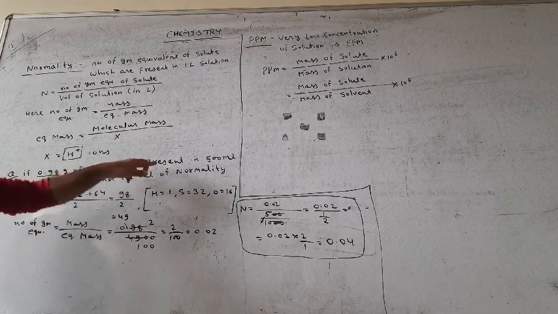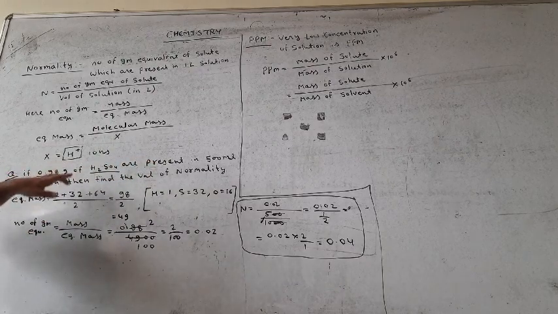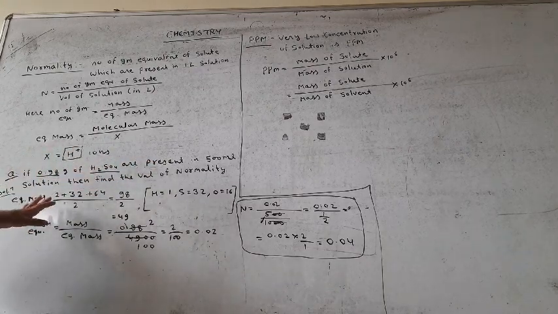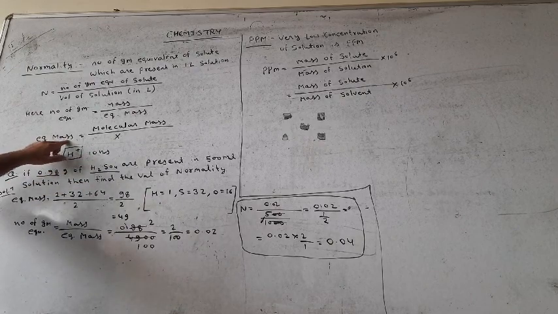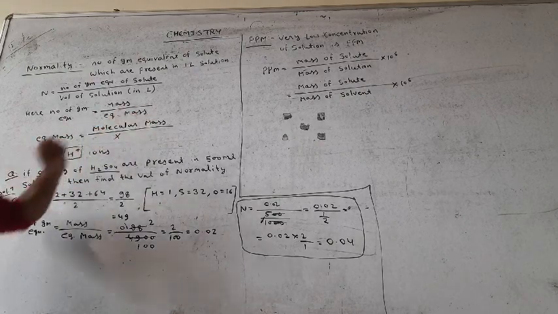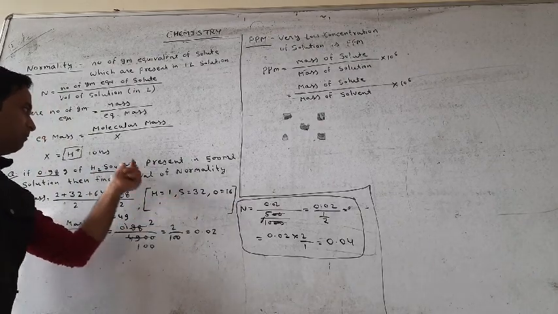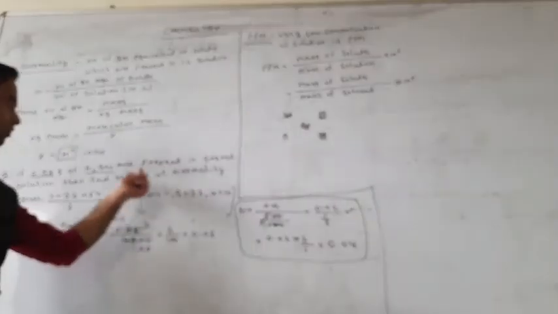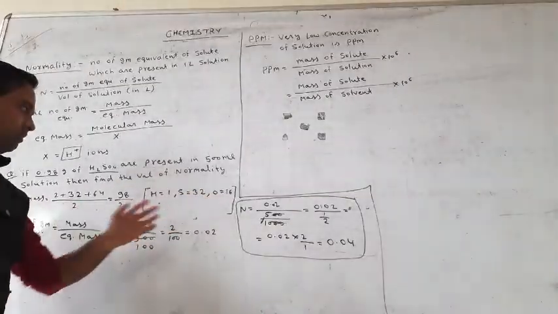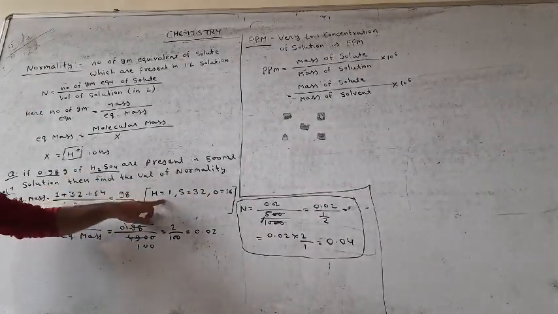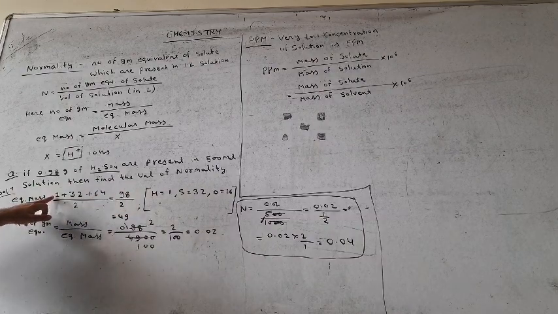So if we take an example, this question, how can we calculate the normality? First, we calculate the equivalent mass. Equivalent mass is molecular mass. As we know, H has 1, S has 32, O has 16. So H2, means 2.